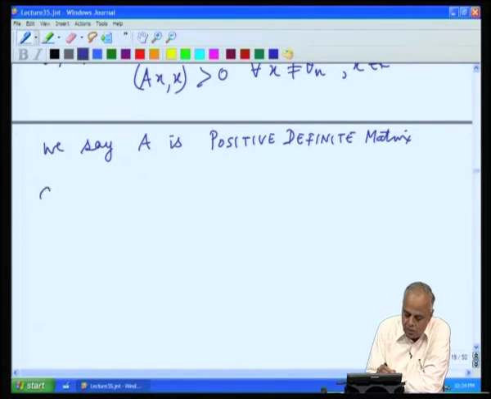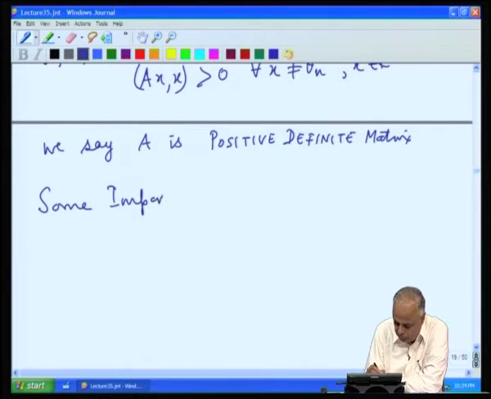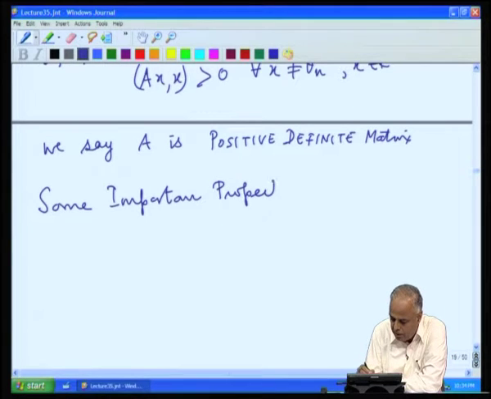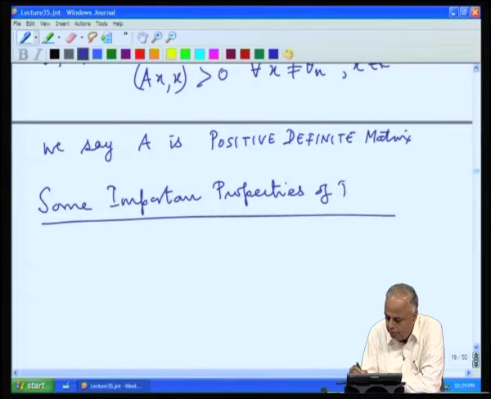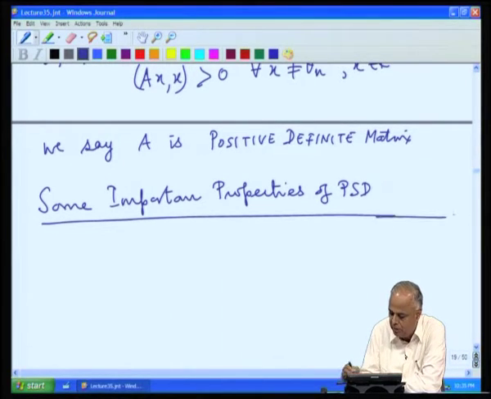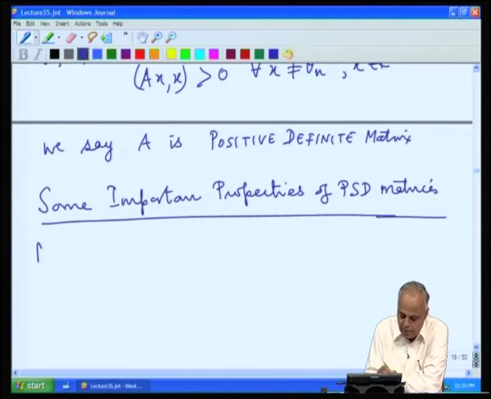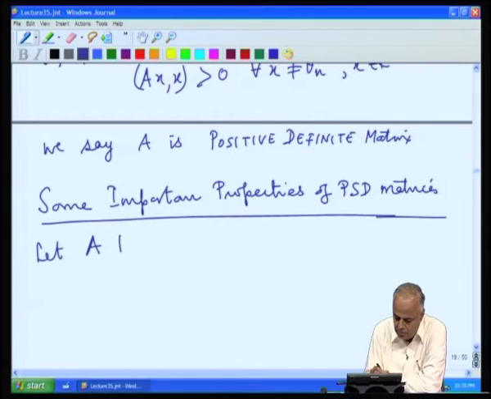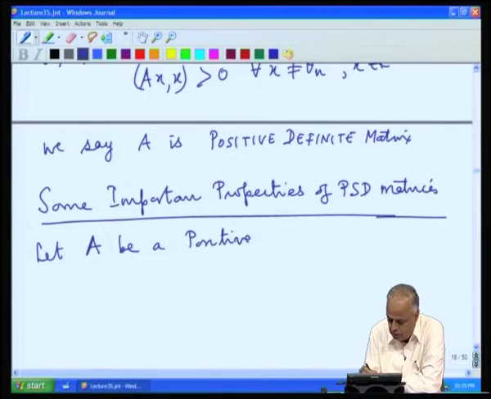What are some important properties of such matrices? We are going to use all these properties eventually to analyze a general method. I will write PSD for positive semi definite matrices. So, let A be a positive semi definite matrix.